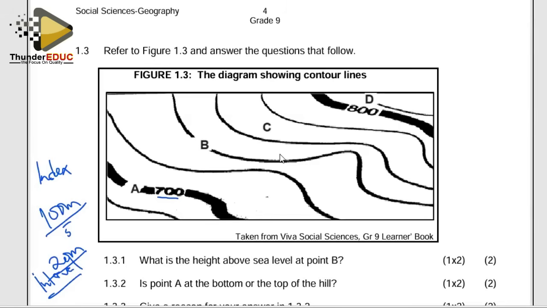Meaning to say, those contour lines must increase in height by 20 meters for us to get from 700 to 800. What does that mean? It means if this is 700, automatically the next one is going to be 700 plus 20, which is 720. The next is 720 plus 20, 740. The next is 740 plus 20, 760.